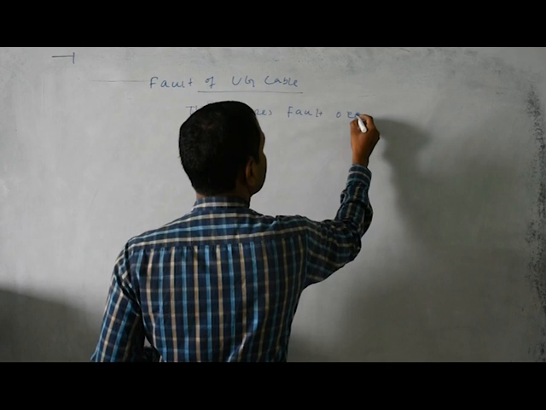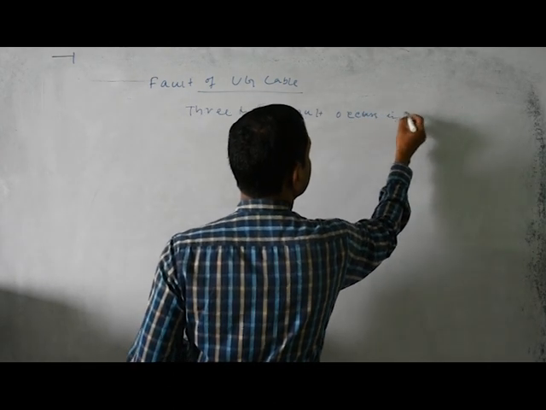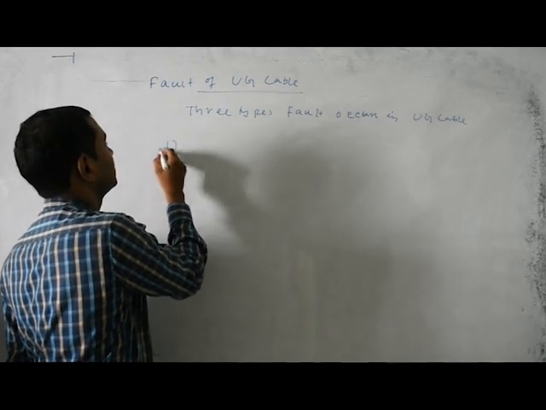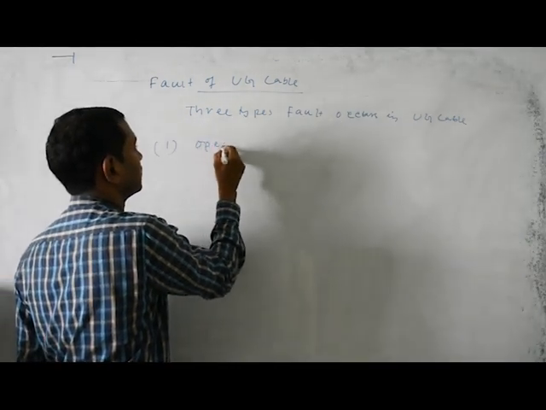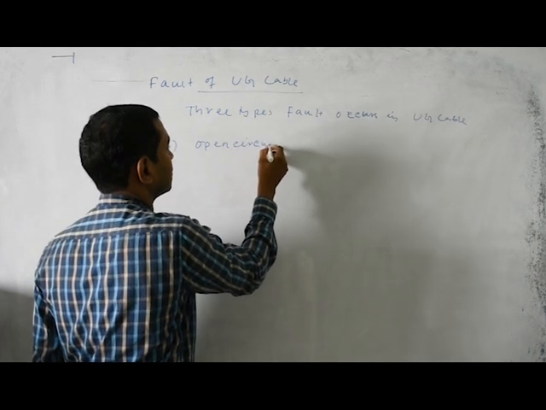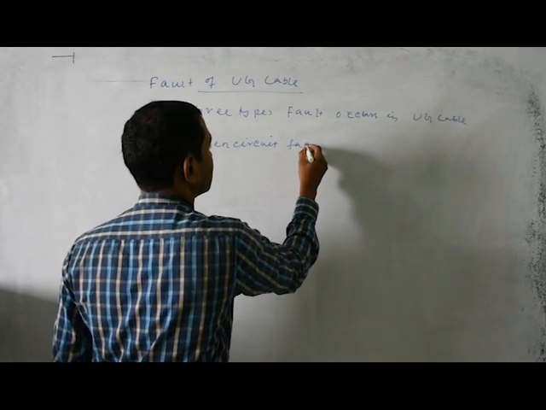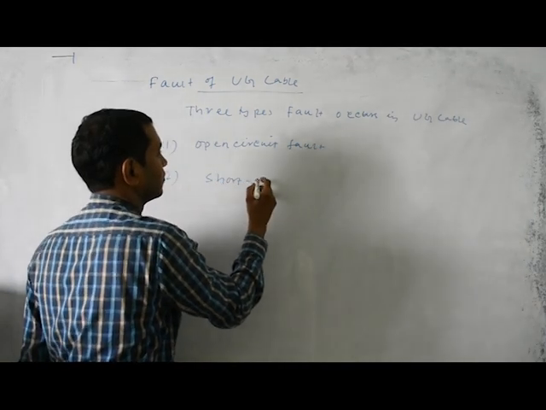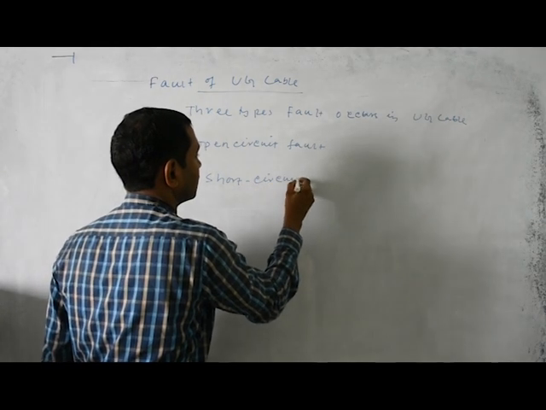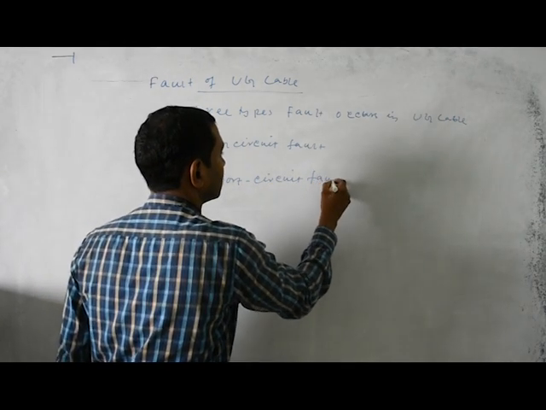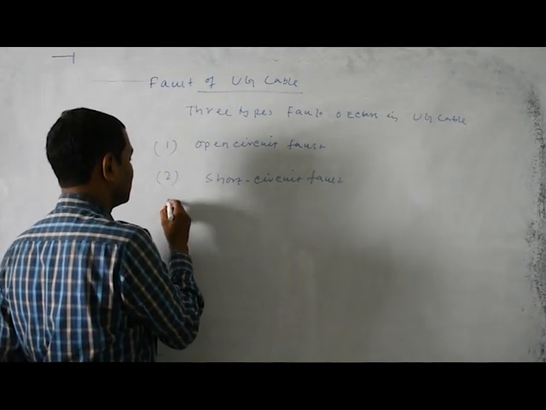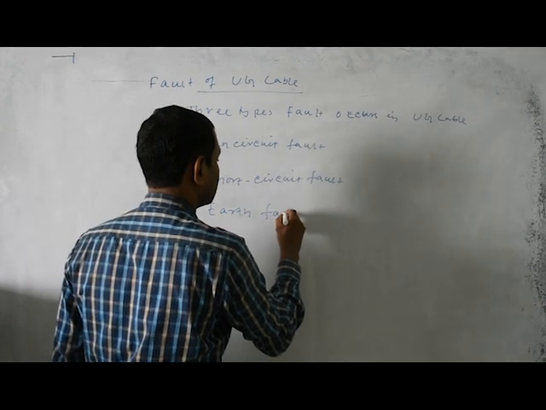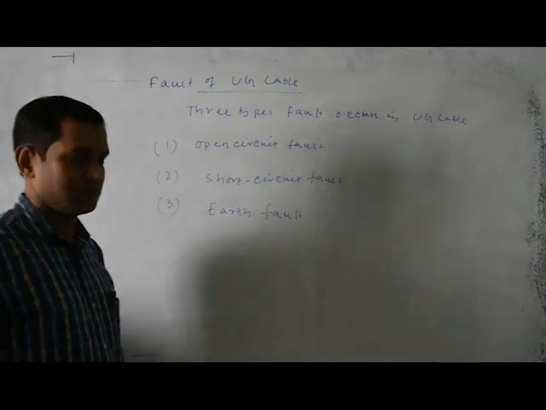The three types of fault that occur in UG cable: one is open circuit fault, another is short circuit fault, and another is arc fault.